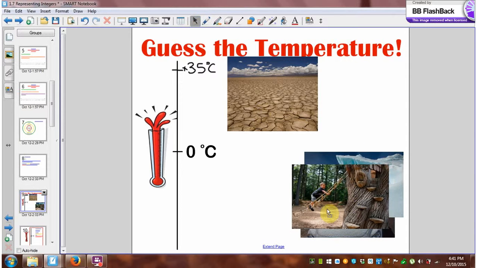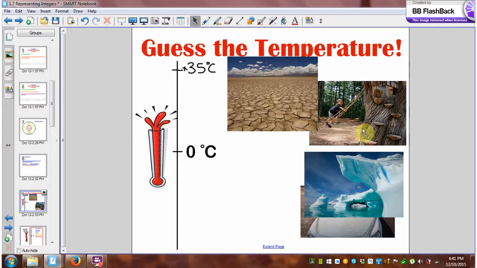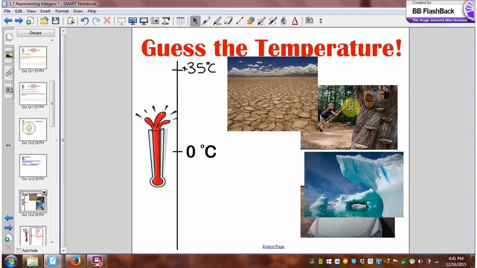Okay, and I think the next hottest picture is this little boy out playing on a summer's day. So he's wearing shorts, but it's obviously not as dry and hot as the desert here. I'd say this would be, and this is just an estimate, probably plus 20 degrees Celsius, say.